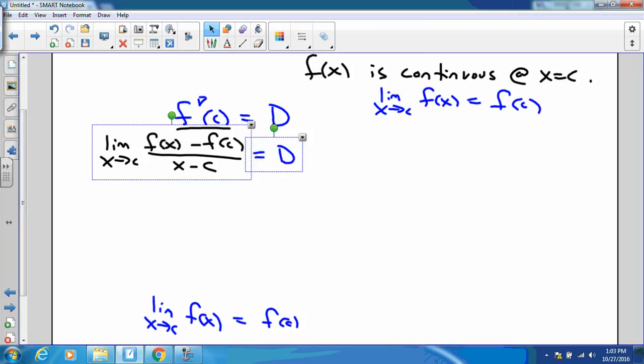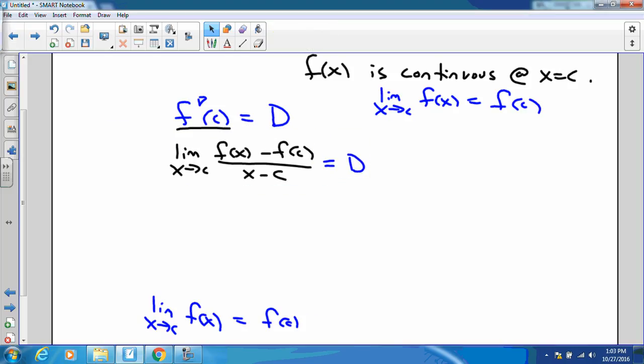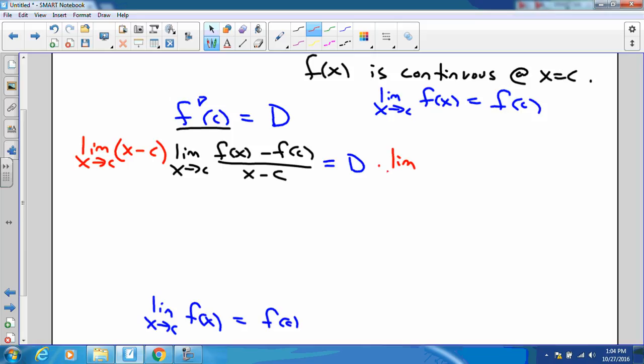Now, to get some leverage on this, I'm going to pull off a cute trick, which you've seen me do before, and that is I'm going to clear the fractions. Specifically, I'm going to multiply both sides of this equation by the limit as x goes to c of x minus c. Just like that.